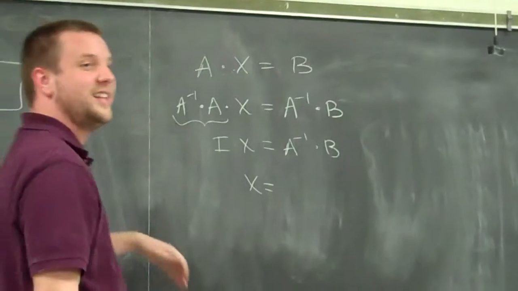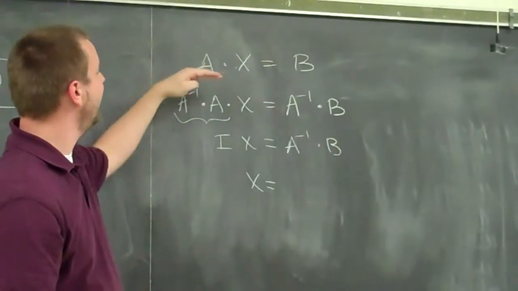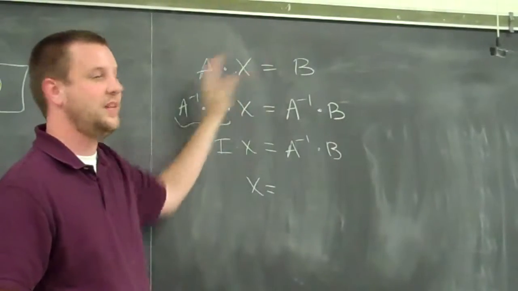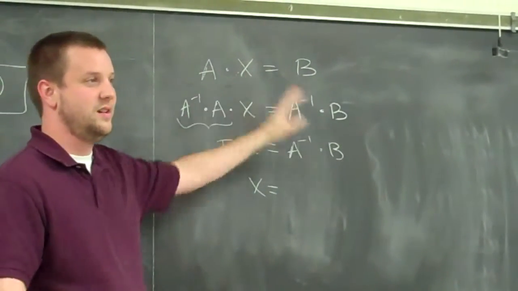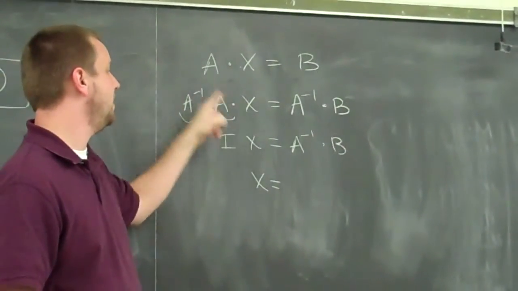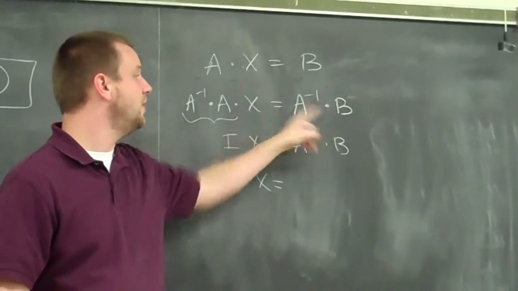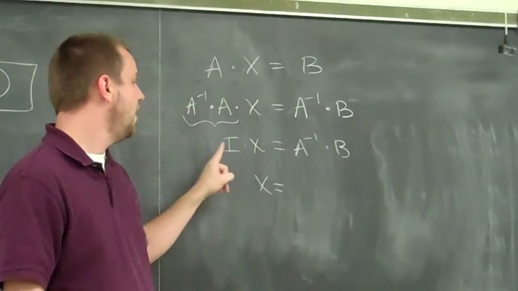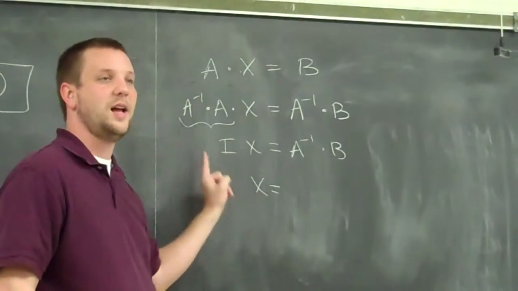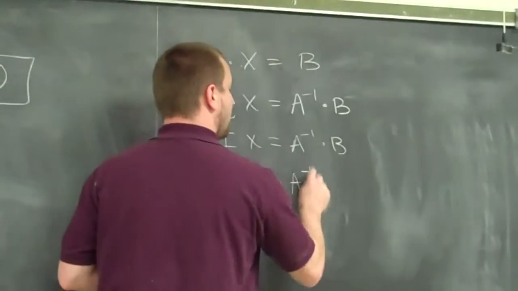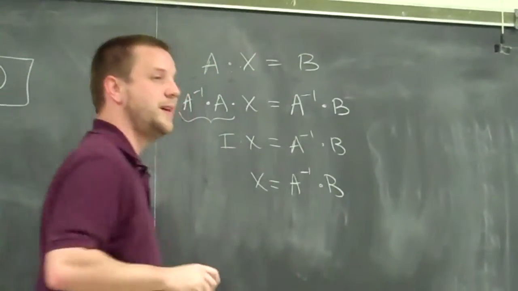Okay, so for Samantha's sake, we had A times X equals B, and if we multiply the left side of both these by A inverse, then multiplying by A inverse on the left is going to give me the identity matrix I, so I times X equals A inverse times B. And since I is the identity matrix, I times X is still X, and X is going to equal A inverse times B.